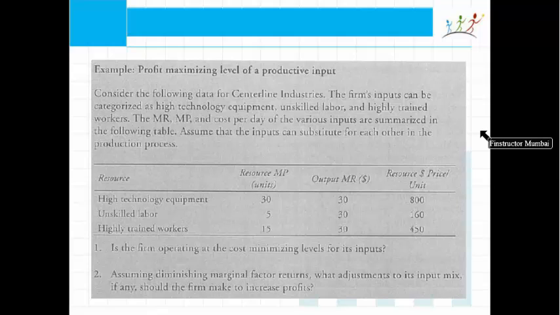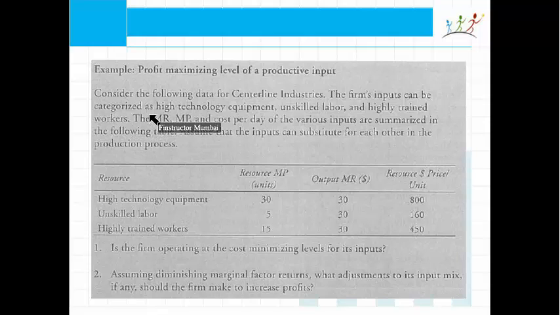So let's do one example and wind this up well. Consider the following data for Centerline Industries. The firm's inputs can be categorized as high technology equipment, unskilled labor, and highly trained workers.